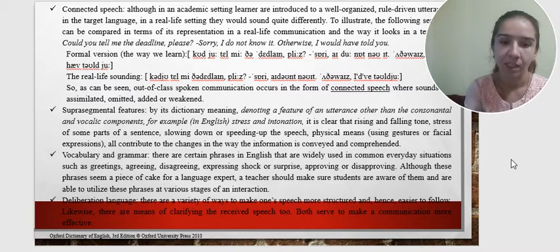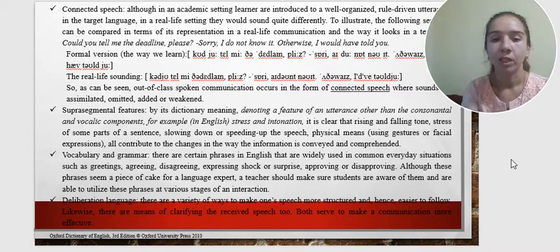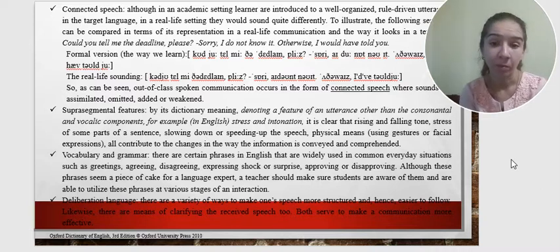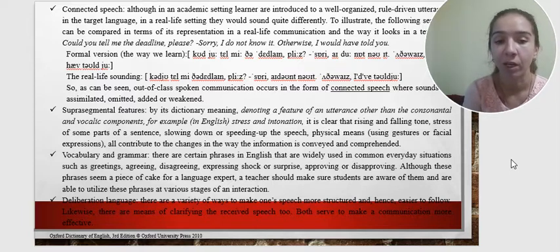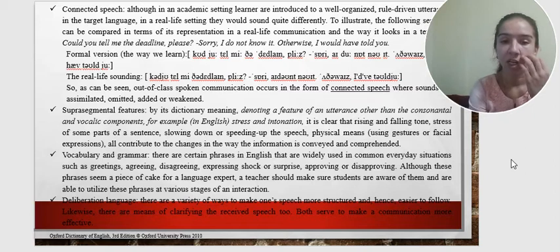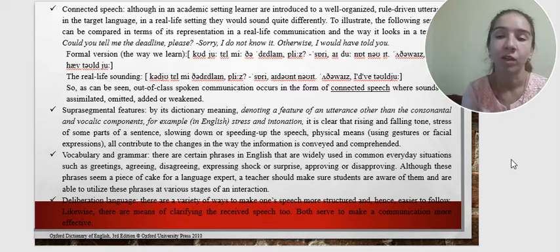Agreeing, which is yes, no, obviously, definitely, in no way, or expressing shock or surprise, such as wow, well, approving or disapproving. Although these phrases seem a piece of cake for a language expert, a teacher should make sure that students are aware of them and are able to utilize these phrases at various stages of interaction.